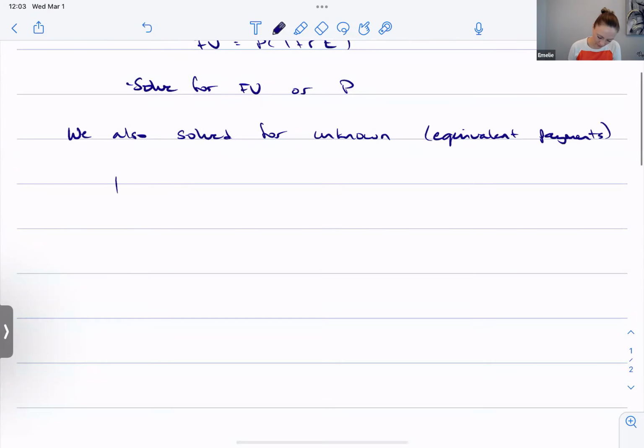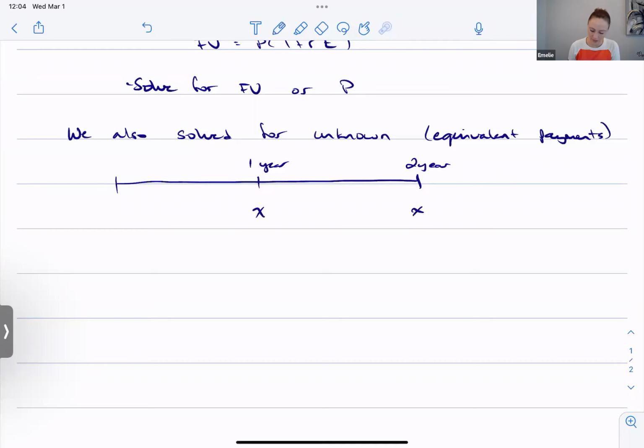Something where you have maybe something like this. You're going to make a payment, one payment 1 year from now, and another payment of the same amount 2 years from now. But we have to take into account that you'd have to pay more interest on the one from 2 years from now than the one from 1 year from now.